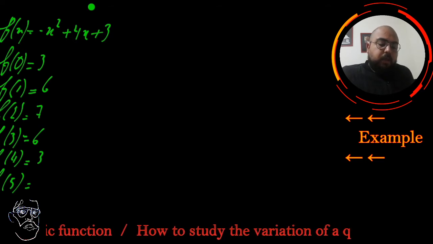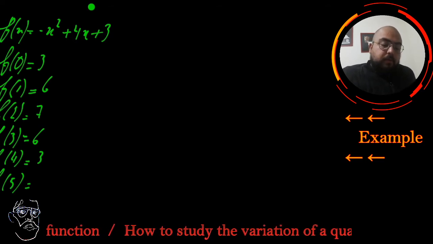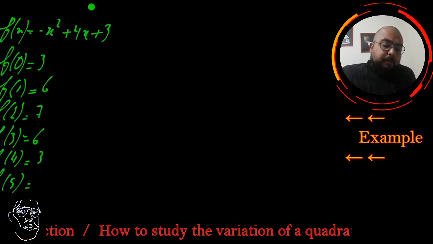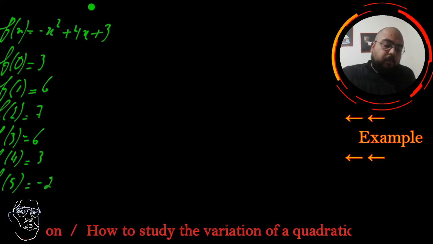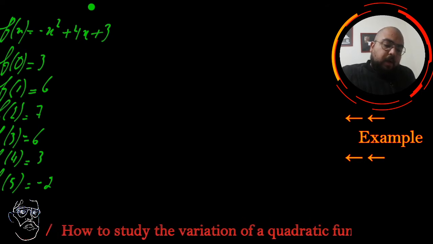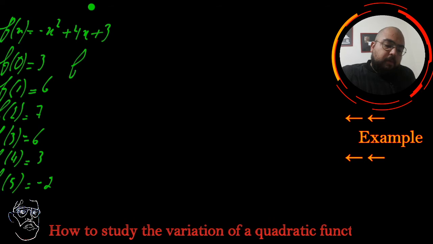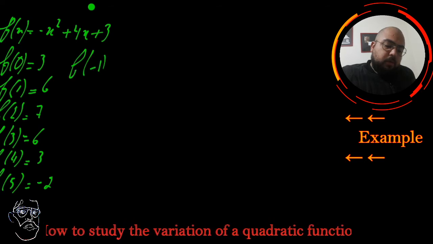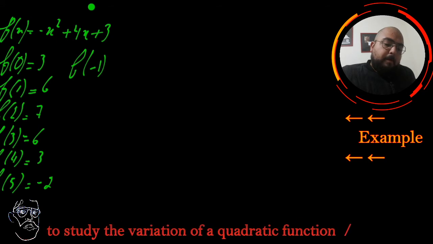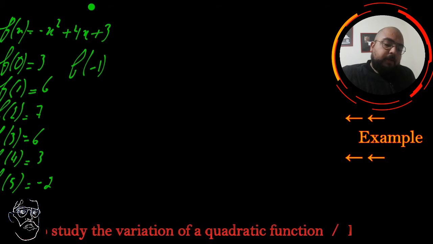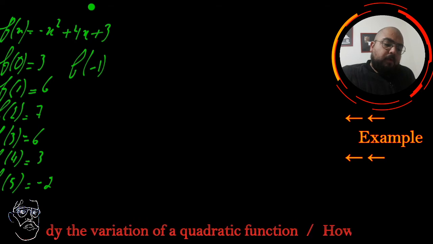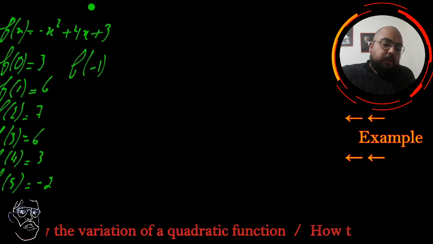It's mostly giving us positive values. F of 5 will be 20 plus 3, minus 25, so it's minus 2. And I will have to take the value f of minus 1. F of minus 1 will be minus 1 minus 4 plus 3, minus 2.